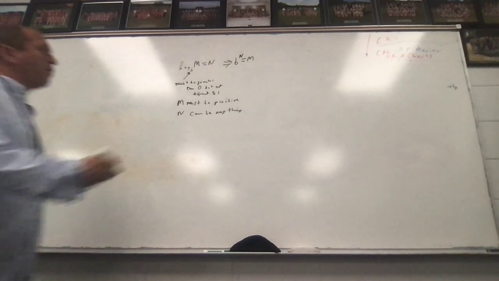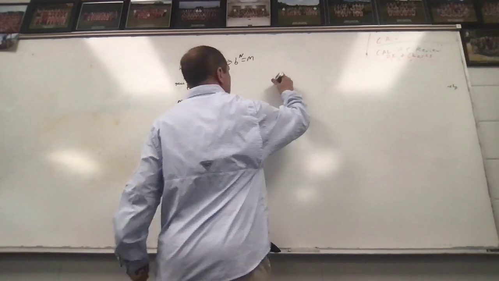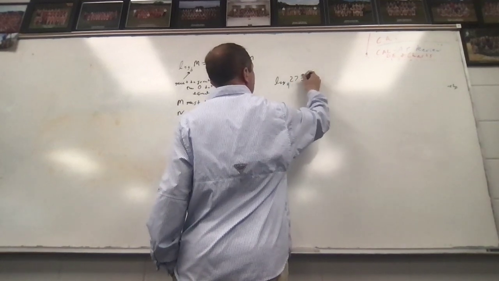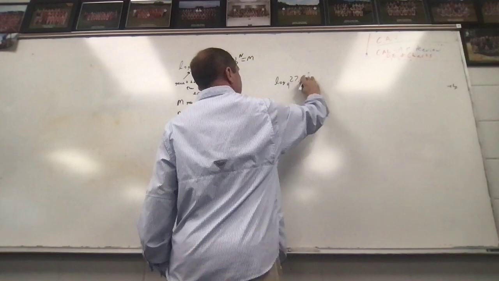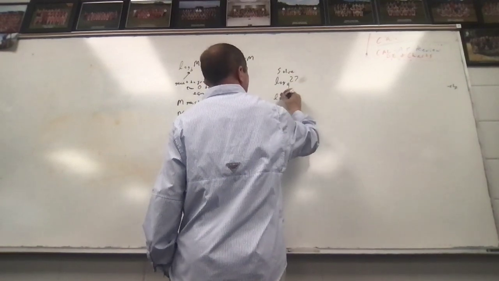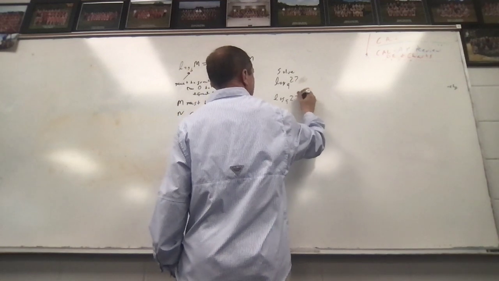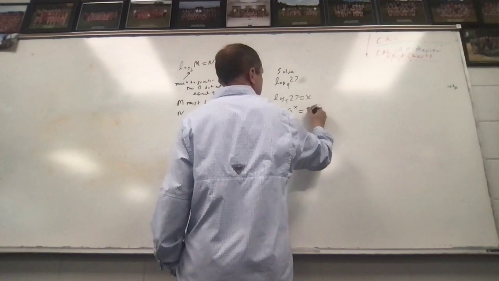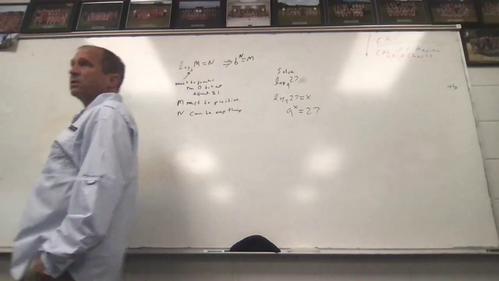So, if I want you to solve the log base 9 of 27, the first thing I'm going to do is set it up as an equation. I'm going to have the log base 9 of 27 equals x. So then I have 9 to the x equals 27.